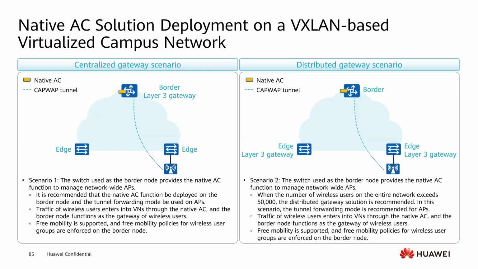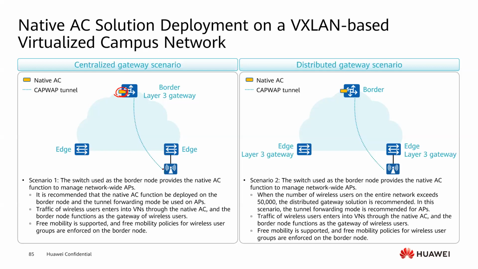In the first scenario, because the native AC is here, for the wireless users, the gateway is on the border node, just here. Because the native AC is here, the authentication point is also the border node. And for the wireless traffic, the policies are also enforced on the border node.